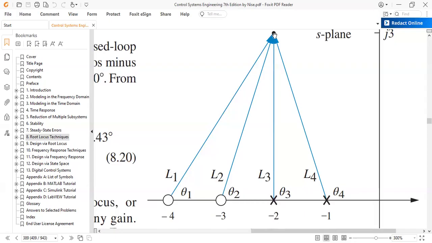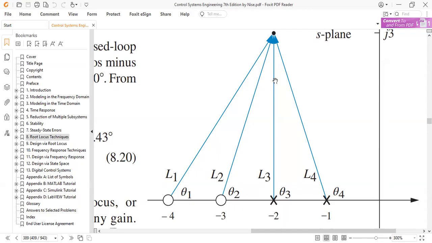The y-axis point is 3. So the distance of this point from the real axis is going to be equal to, I want you to respond if you're getting my point, 3. Yes, it's going to be equal to 3. So the magnitude of perpendicular is equal to 3. Is this clear?